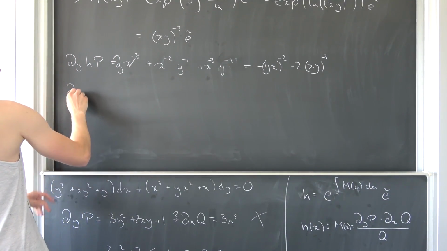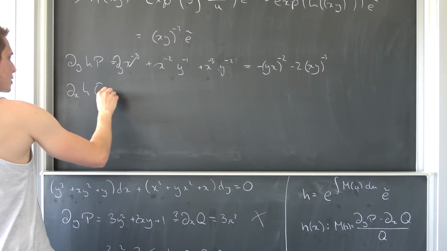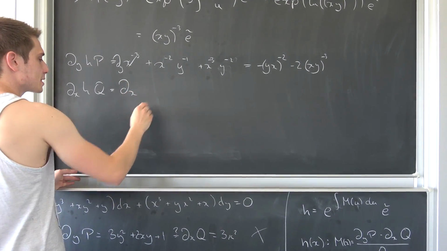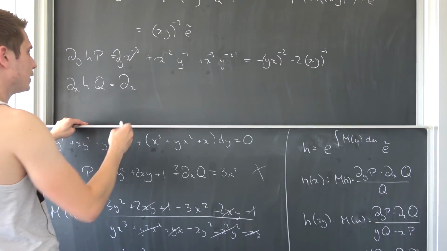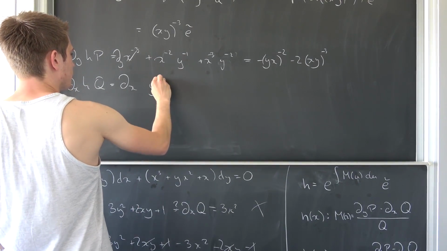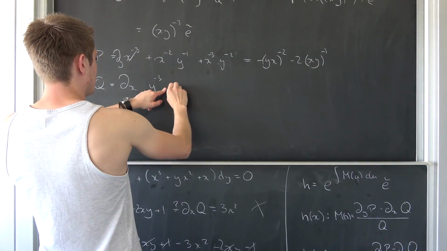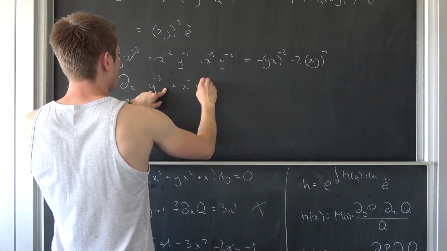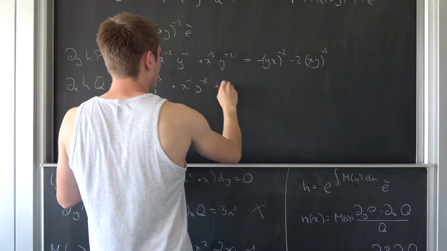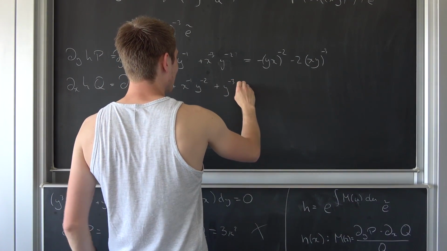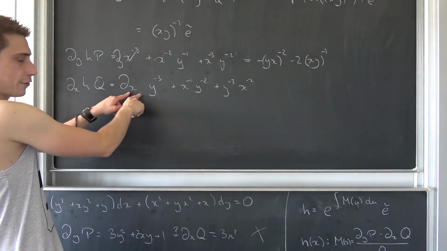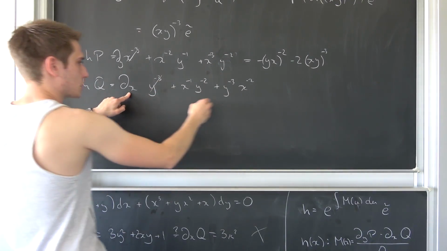Now del x of h times q is going to be nice and symmetric once again, so that's del x of, let me still think, so y to the -3rd power. And then we are going to get plus x to the -1 power, y to the -2 power, plus y to the -3rd power, x to the -2. Okay, if we differentiate with respect to x, this is actually going to cancel out.